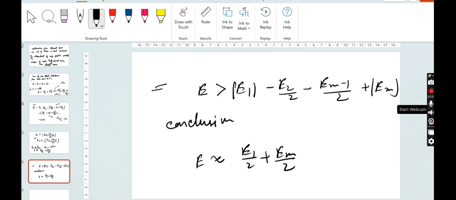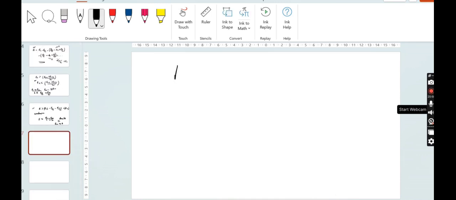That's the conclusion, either this or that. And also due to obliquity K, E_M is almost equal to 0. So E is basically E1 by 2.